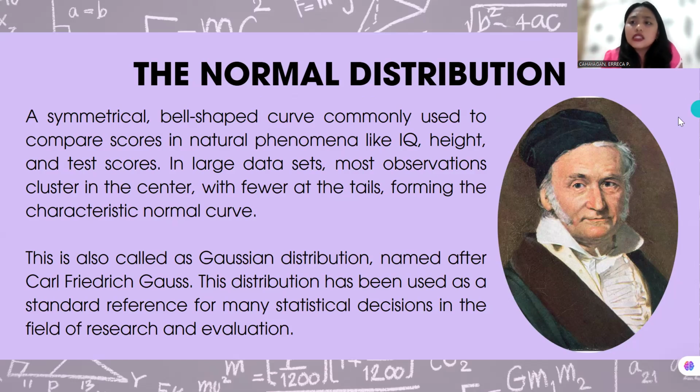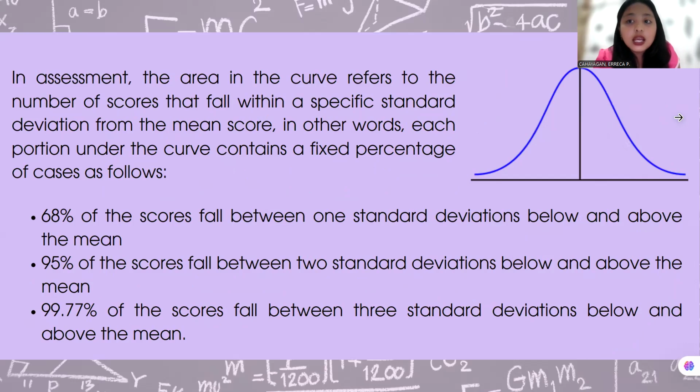In the next slide, we'll see that in assessment, the area in the curve refers to the number of scores that fall within a specific standard deviation from the mean. In other words, each portion under the curve contains a fixed percentage of cases as follows.